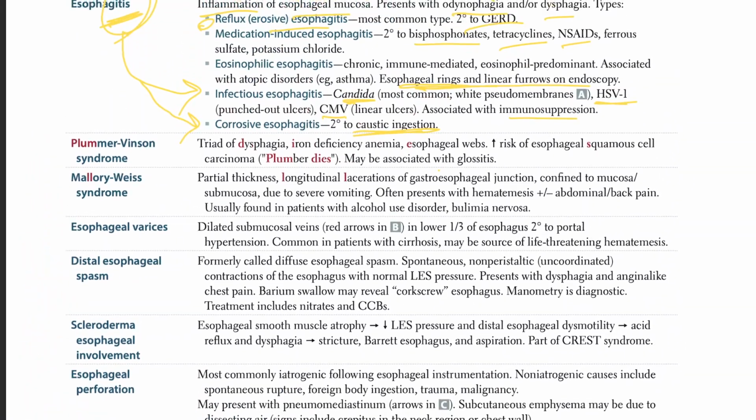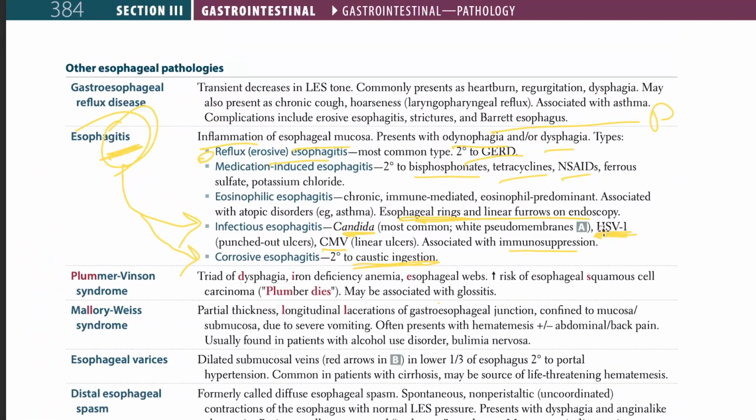How do we differentiate HSV1 versus CMV? Well, HSV1, it's going to give you small punched out ulcers.